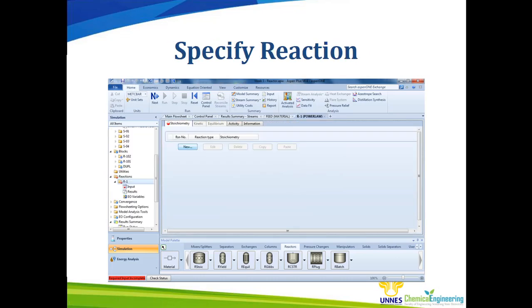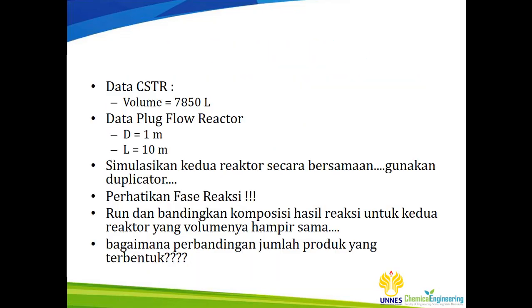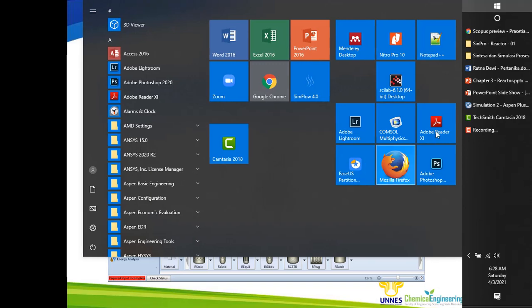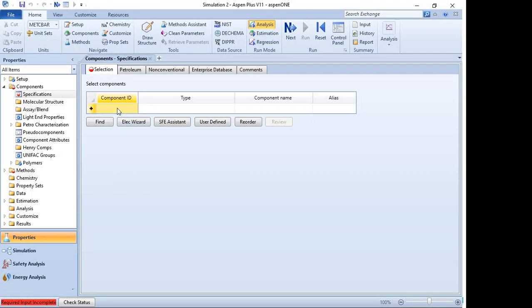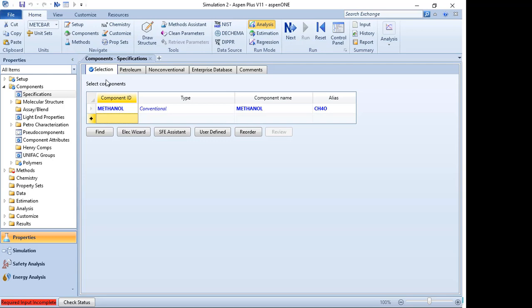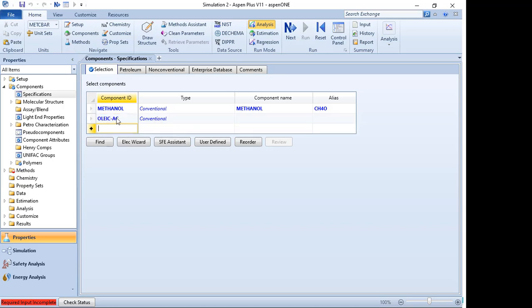Let us specify the components. We have methanol, and then oleic acid. Oh, sorry, it cannot be entered here. I have to delete it first.